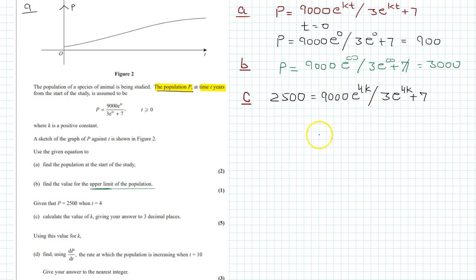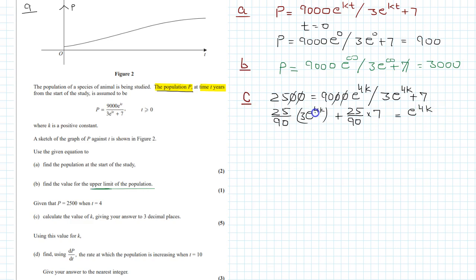So we can cancel this, the rest we'll cancel later. So this is 25 over 90 times 3 e to the power 4k plus 25 over 90 multiplied by 7, we did the cross multiplication, is equal to e to the power 4k.